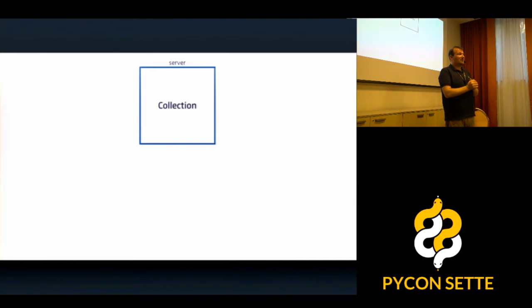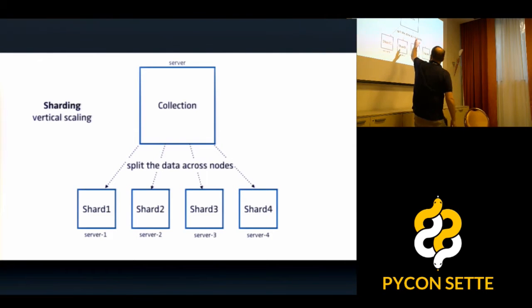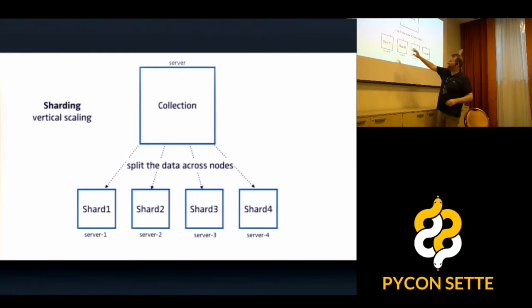If we cannot scale horizontally, what about scaling vertically? Let's take our huge data set and split it into smaller chunks, and split the data across multiple servers, in our example 4. That's called sharding, and it's built into MongoDB.